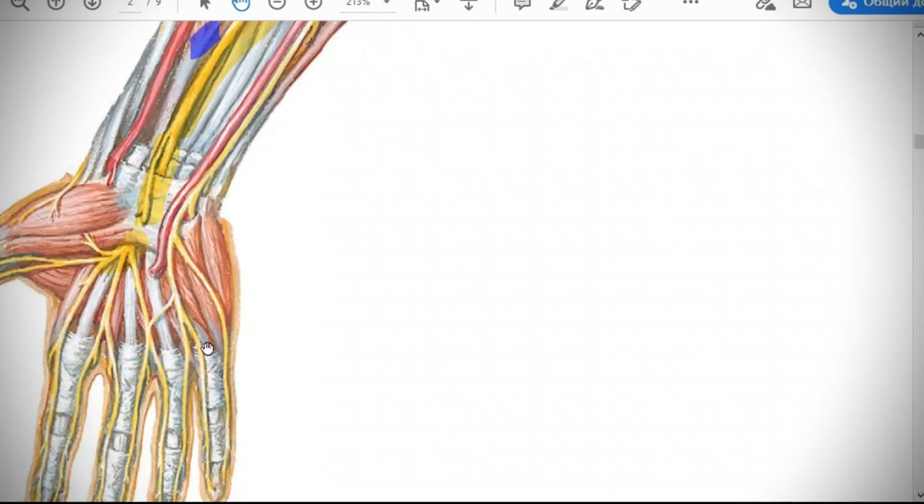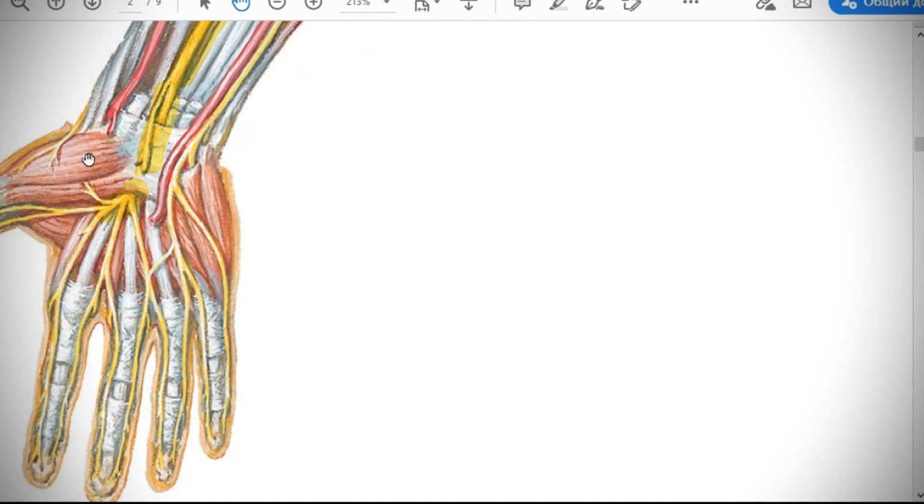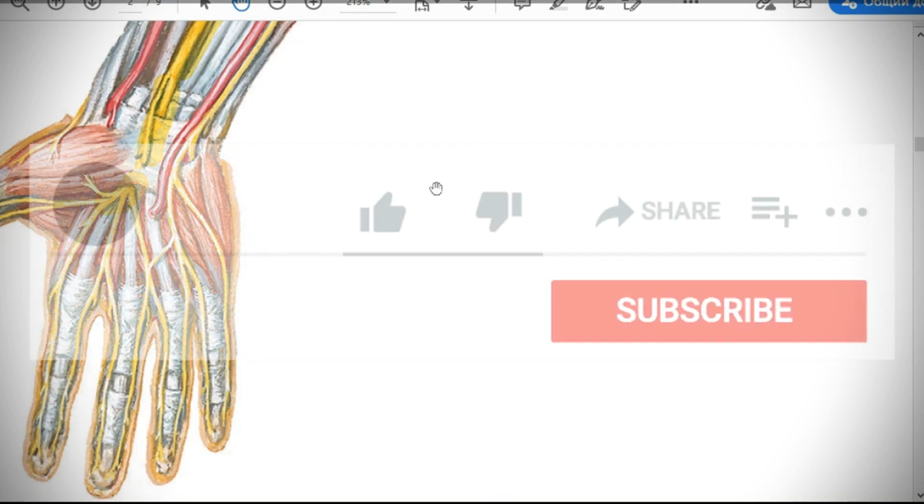And muscles of the hand. Almost all muscles of the thenar and the first and second lumbrical muscles are innervated by medianus. All other muscles, hypothenar, middle group, adductor pollicis and the deep head of flexor pollicis brevis, are innervated by nervus ulnaris.